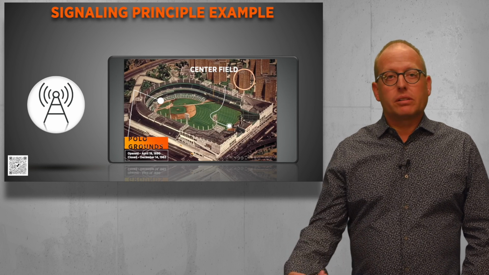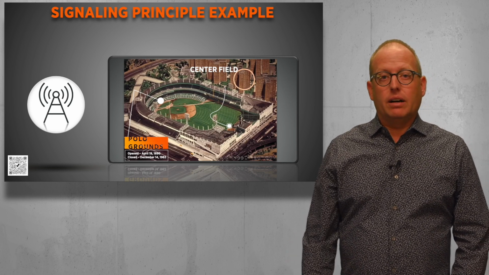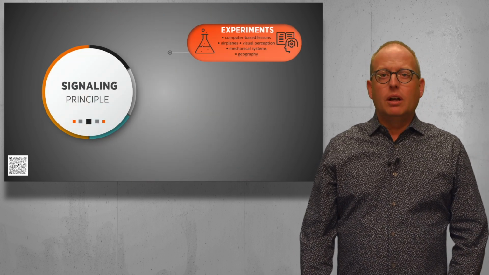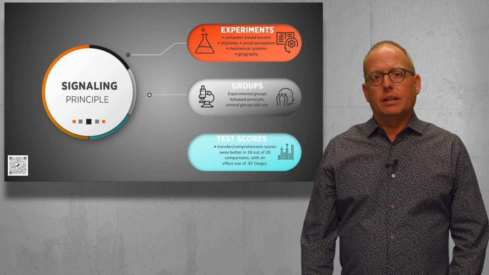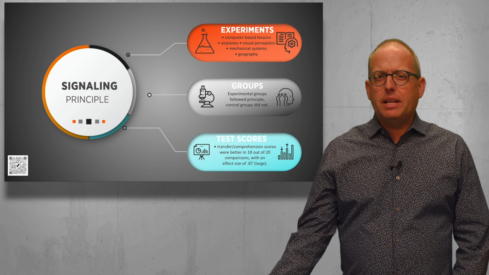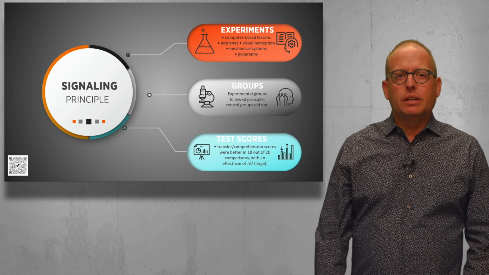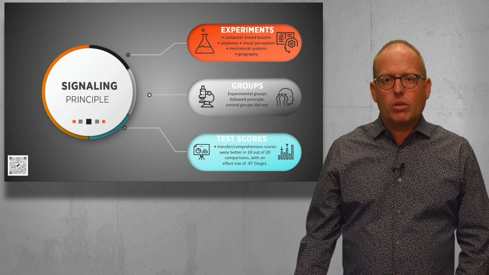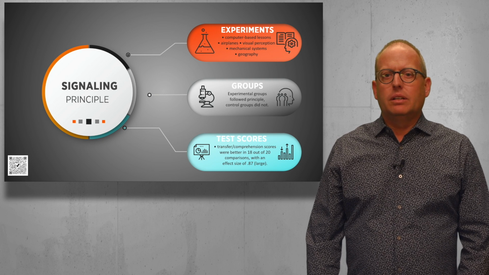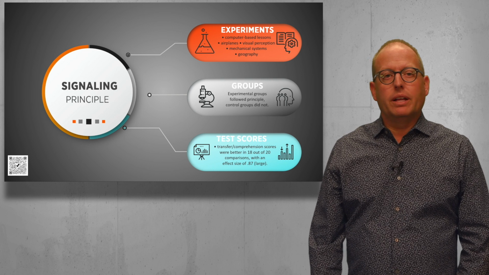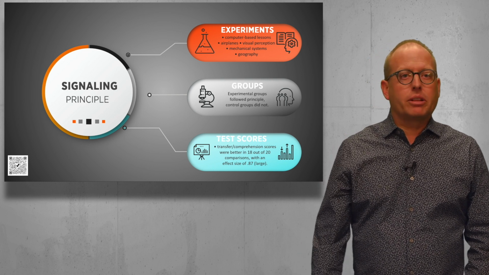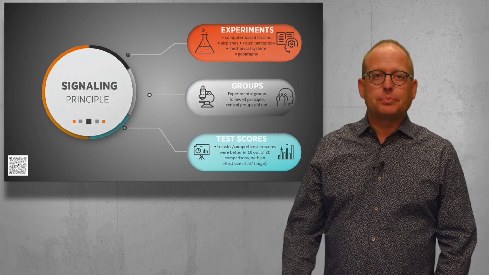So that's the signaling principle in an example. Here are the results of the experiments that Dr. Mayer did. In 18 out of 20 comparisons, which was a 0.87 large effect size, comprehension scores were better in the test group that had the signaling principle implemented.